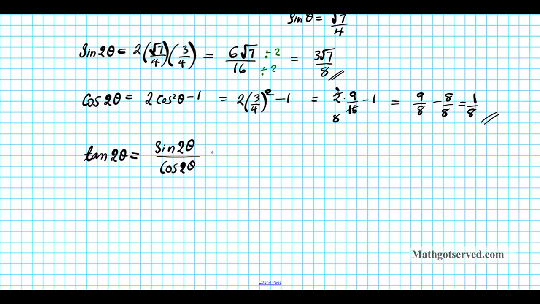Sine 2 theta is 3 root 7 over 8, and we'll divide that by 1/8. To do this, we'll multiply the numerator by the reciprocal of the denominator. So the 8's cancel out, and our final answer for tan 2 theta is simply 3 root 7. Alright, so that's that.